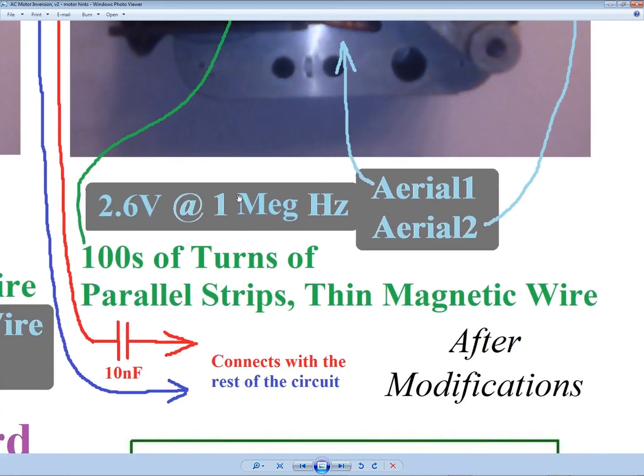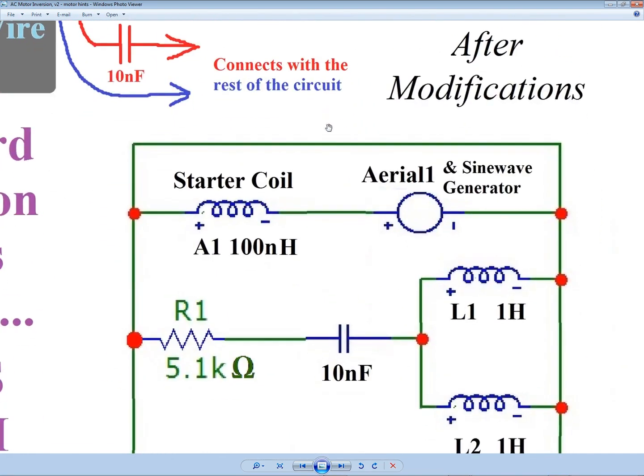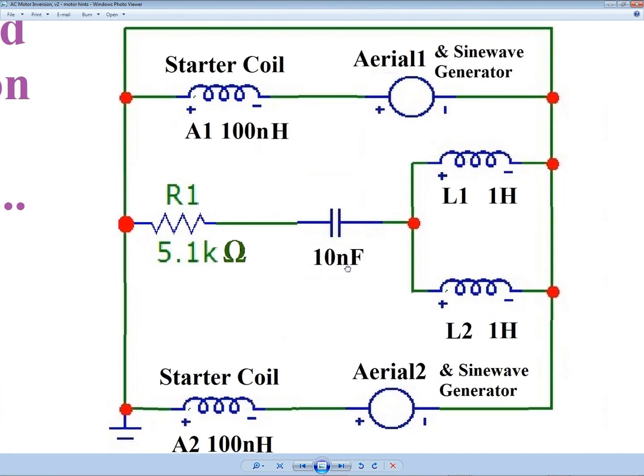And your sine wave generator has to be at 1 megahertz. So there are certain stipulations, but the benefits of those caveats are enormous. It's truly remarkable that it works at all.